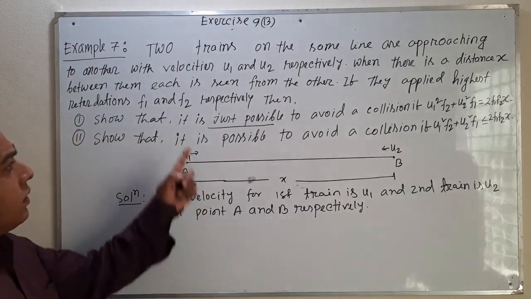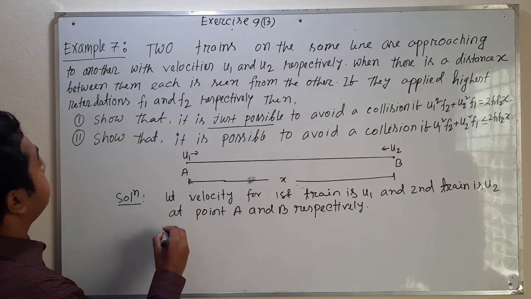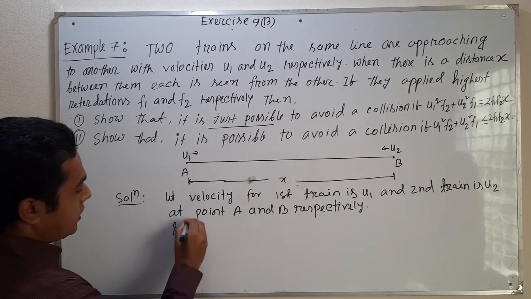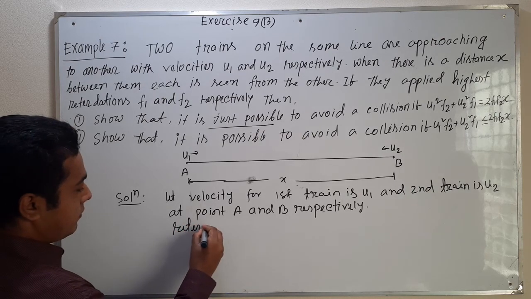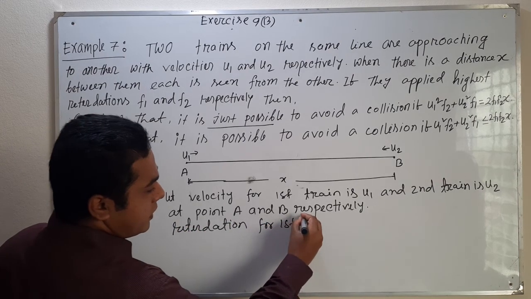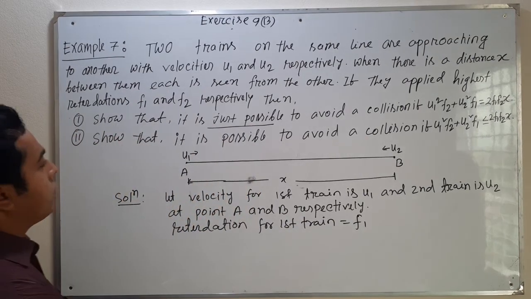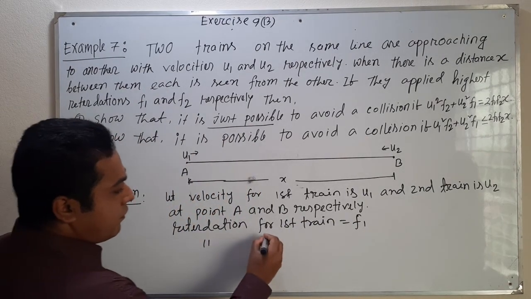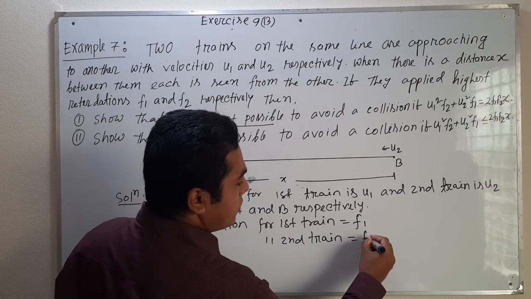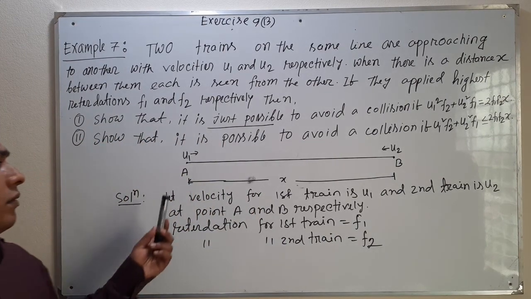There is uniform retardation: the retardation for the first train is f1, and for the second train is f2.